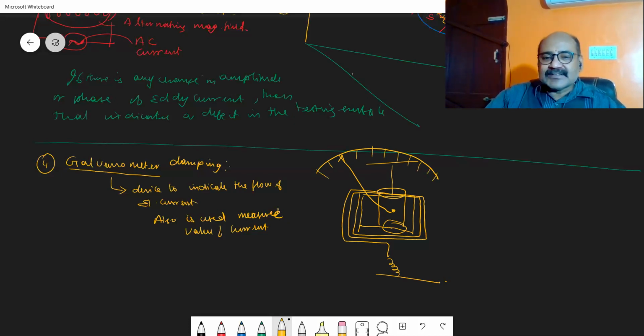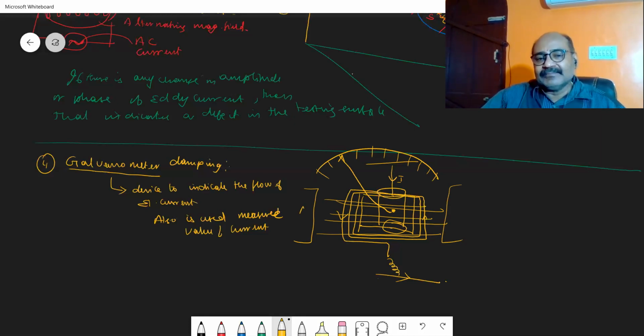So how does it work? When the current passes through this coil, the current circulates in this coil and leaves through this. When the current is circulating, a magnetic field is developed. The coil is placed inside a uniform magnetic field between the pole pieces of a permanent magnet.